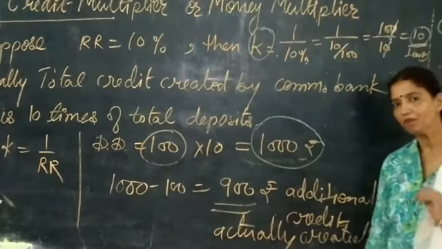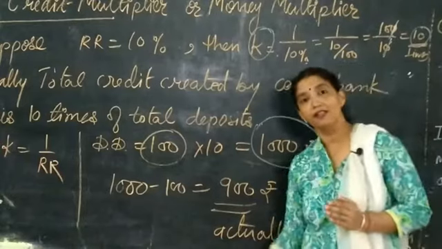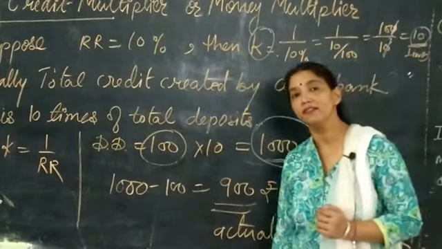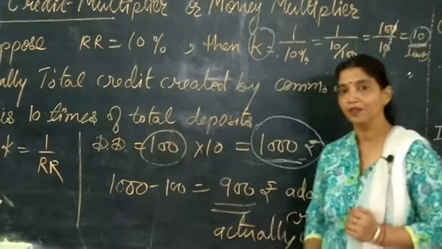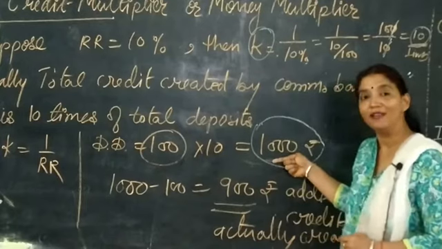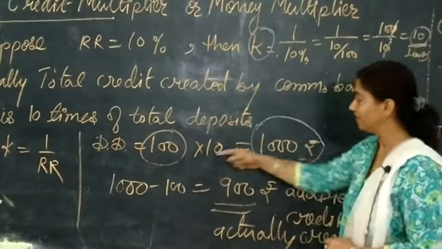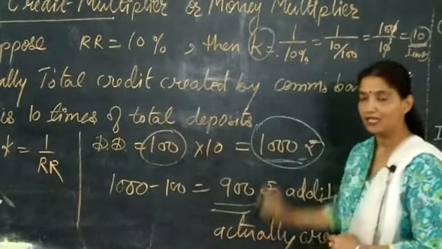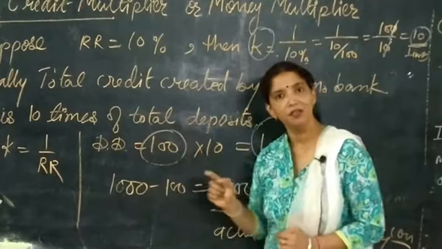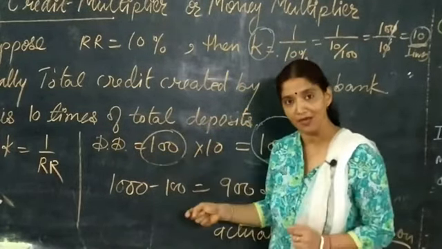But what is the actual credit? This is the legal amount of credit creation, but what is the actual credit created by the commercial bank? The legal credit which will be created by the commercial bank is 1000 rupees, which we have calculated from this equation. But in this 1000 rupees, the commercial bank already has 100 rupees as initial demand deposits.